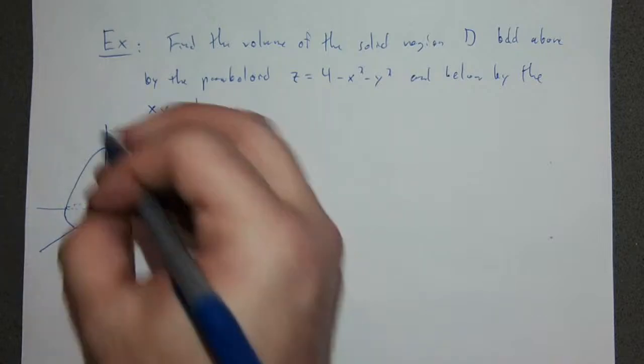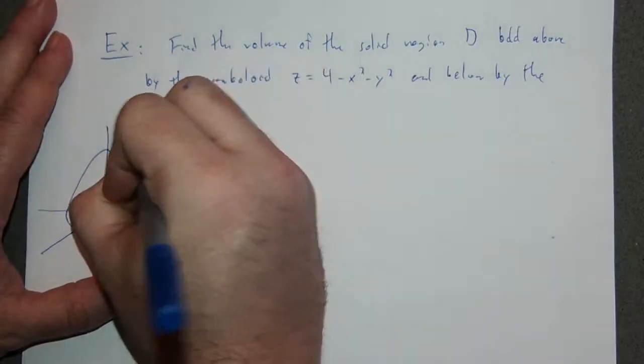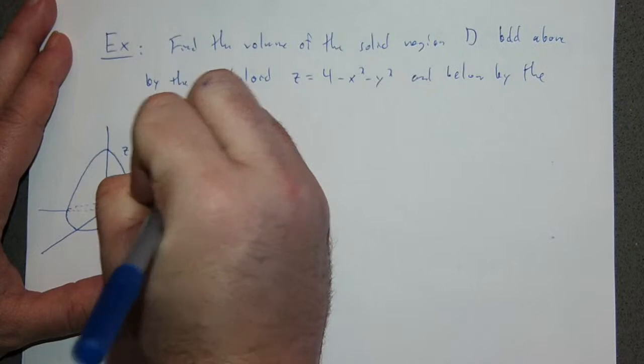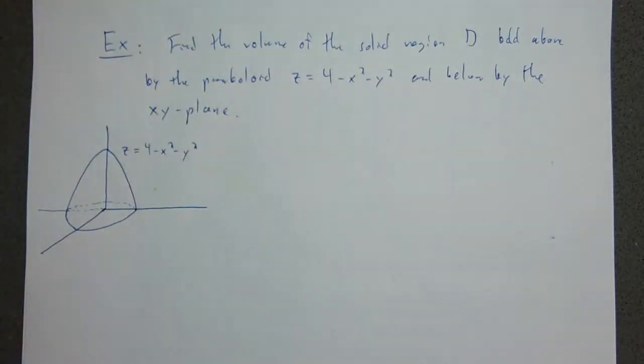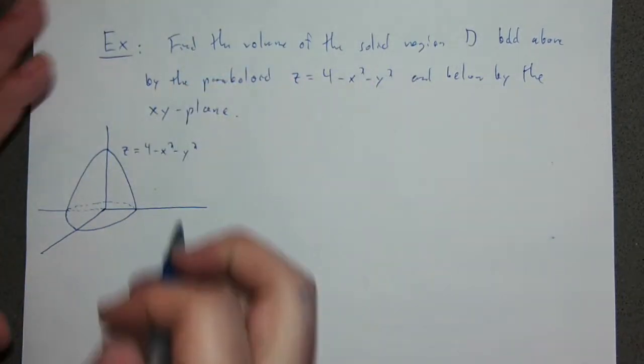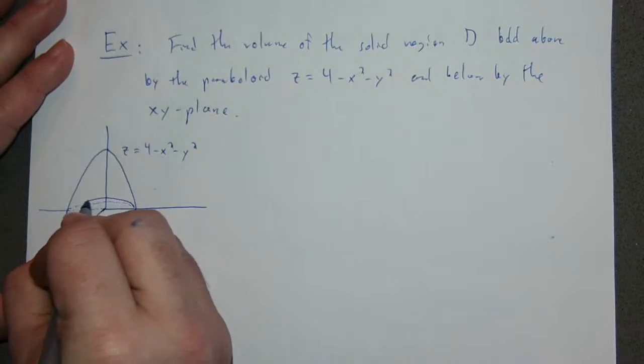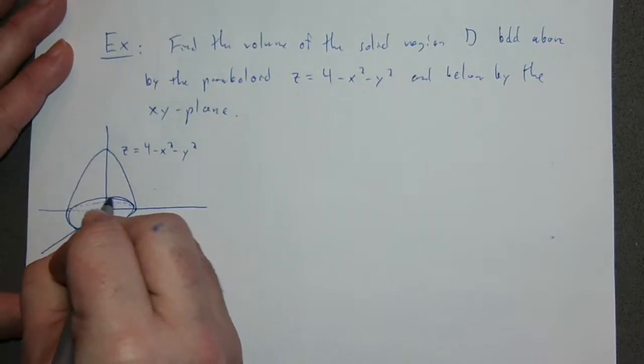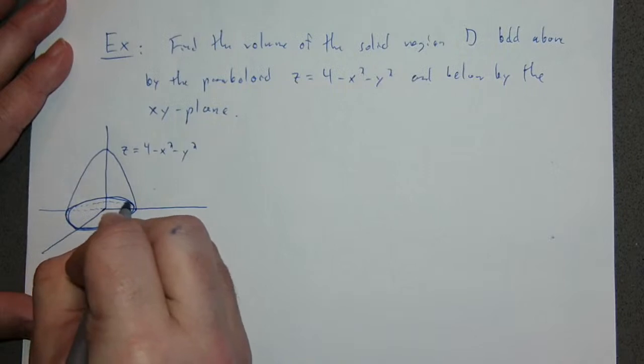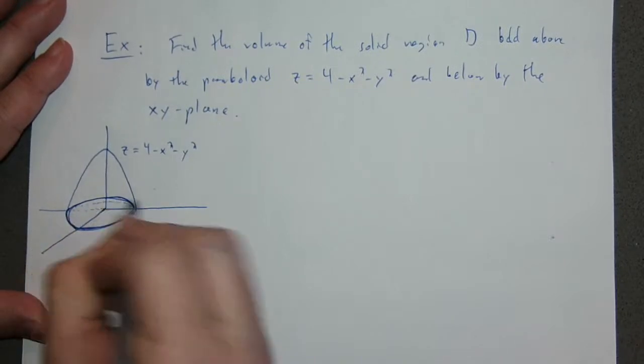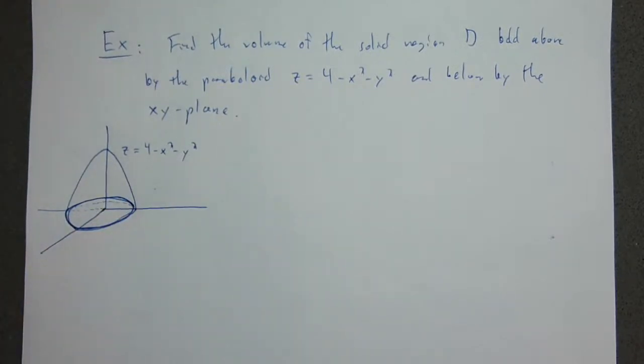The upper part is this paraboloid, 4 minus x squared minus y squared. The lower part is the xy plane, but what is that region? How can I see that algebraically?